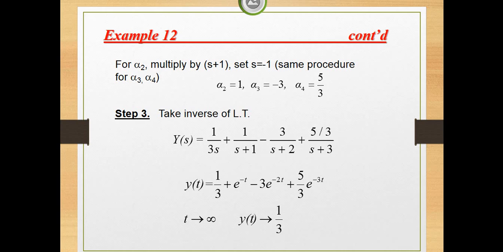When you have the constants written in the numerator of the partial fraction equivalent of our original function of s, you would see that they are readily invertible. So this is a constant, this is an exponential function, this one is another exponential function, same thing with this. They only differ in the constants by which these exponential functions are multiplied, and in their arguments.